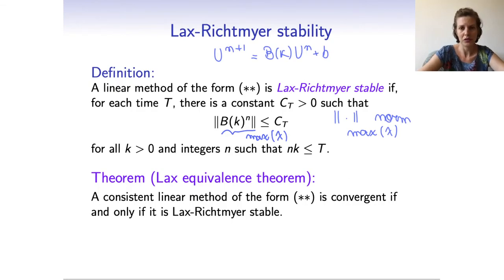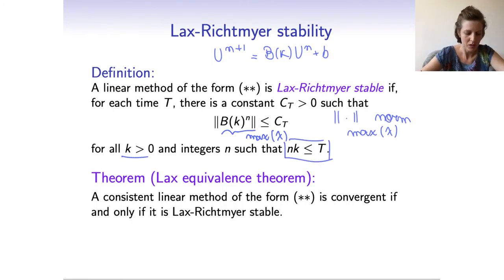So you're just requiring that the maximum of the eigenvalues of your matrix be bounded for all k bigger than 0 and integers n such that this happens.